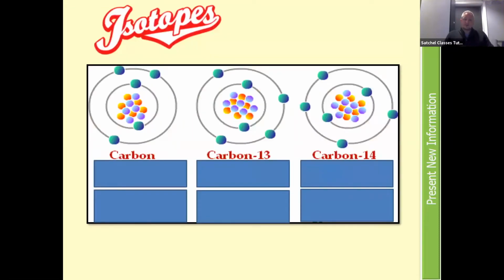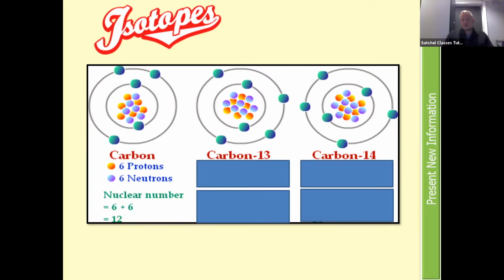Here we've got it represented in diagrams with some isotopes, one for carbon 12, one for carbon 13, one for carbon 14. You can see carbon 12 has 6 protons and 6 neutrons. This then means that the mass number is 6 plus 6 equals 12. Carbon 13 has 6 protons, but now it has 7 neutrons.